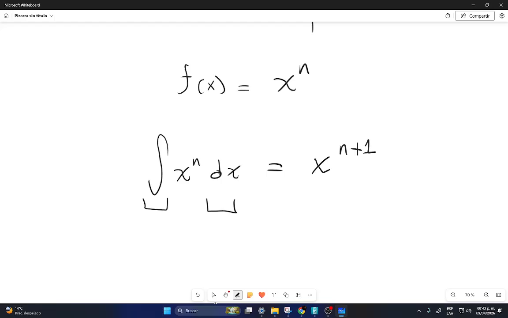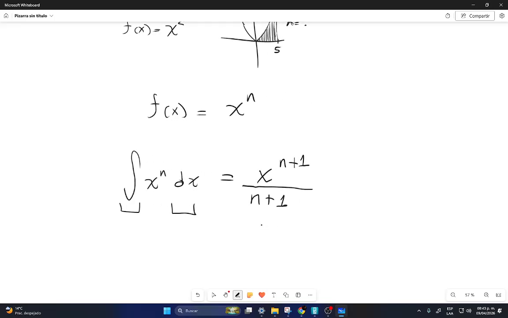And remember that in differentiation we move this to multiply, so instead of multiplying we are going to divide by that new exponent, and that's how we integrate each term. But let's discuss something.